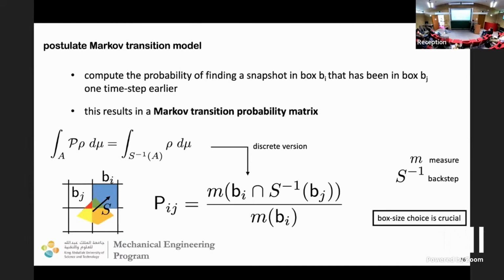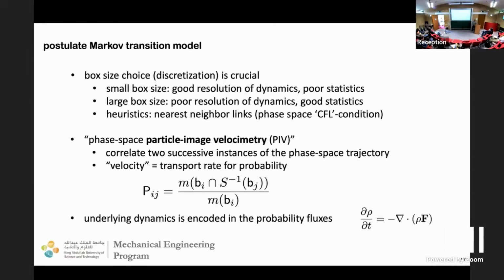Very good question. So the box size, of course, is very crucial here. This is the discretization. So the box size choice: if you have small boxes, you get a very good resolution of the trajectory in phase space. So phase space is discretized very, very nicely, but you get poor statistics because not very many trajectories end up in a small box.